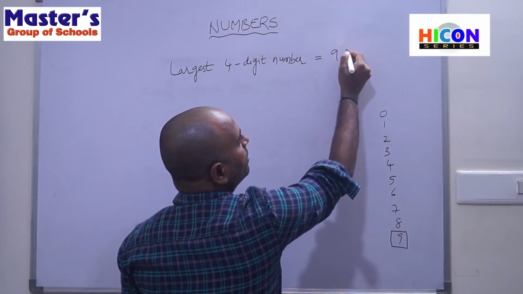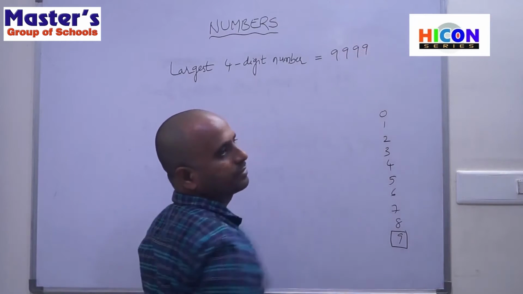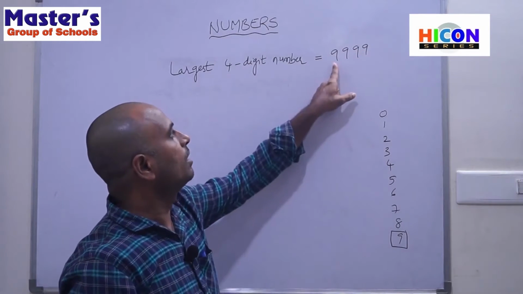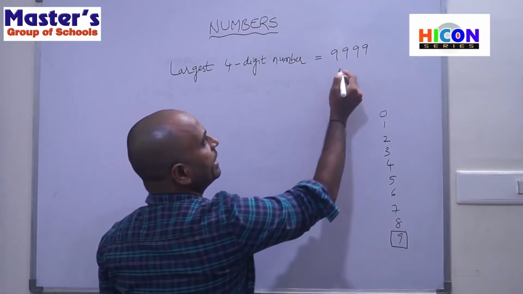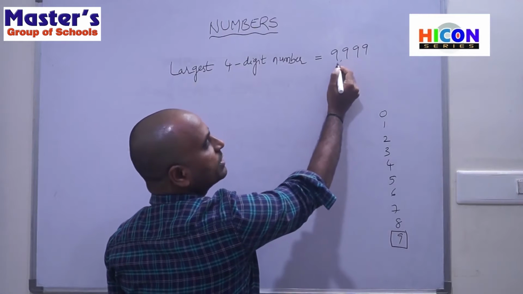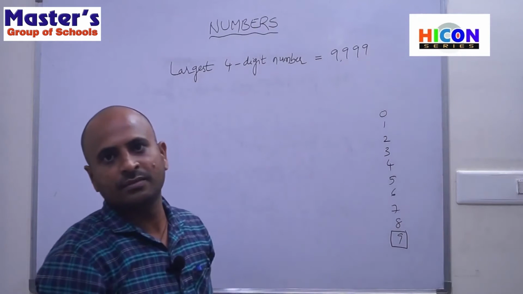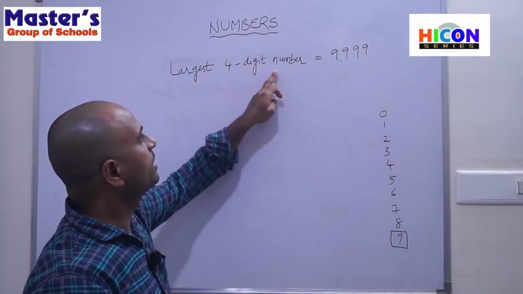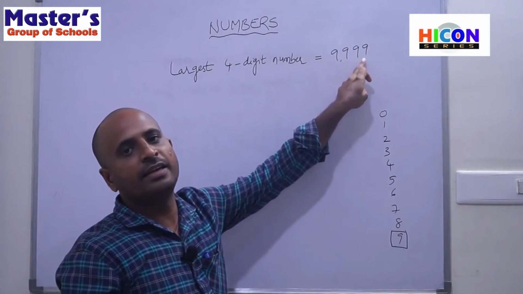1, 2, 3, 4. So this will be the largest 4-digit number, and it can be read as 9,999. So the largest 4-digit number is 9,999.